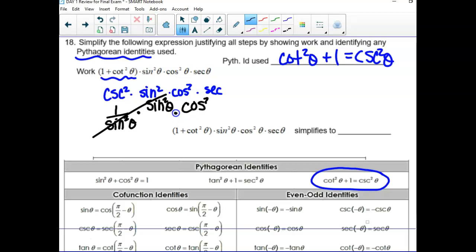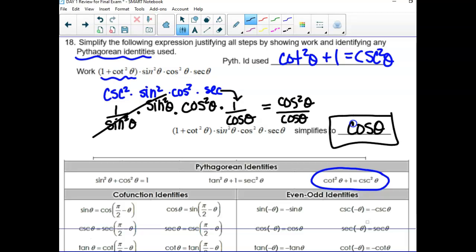And then it says cosine squared times, and what is secant? 1 over cosine. And if you don't put the thetas, it's not a big deal. But when you multiply, then cosine squared over cosine, and I don't care if you write it out like that or you just reduce it right away, but it should reduce to a cosine.